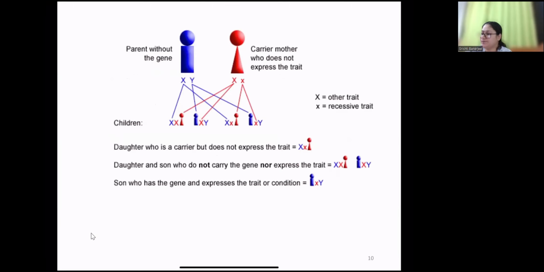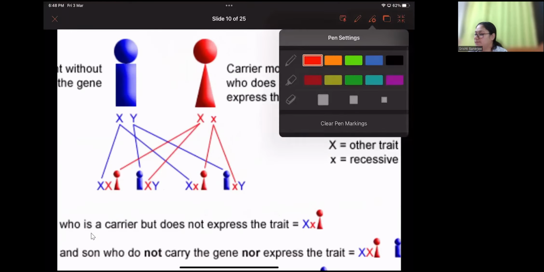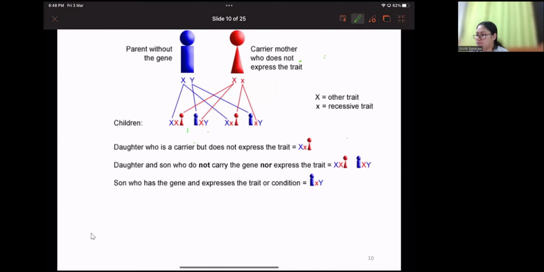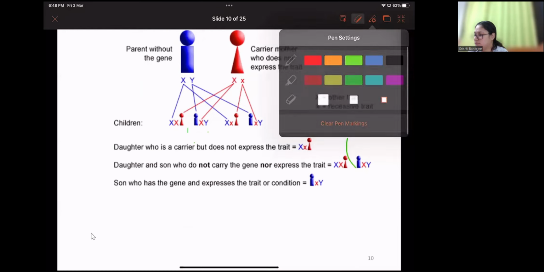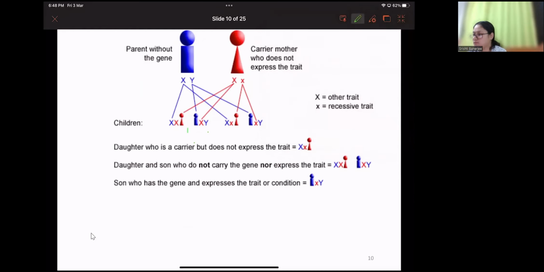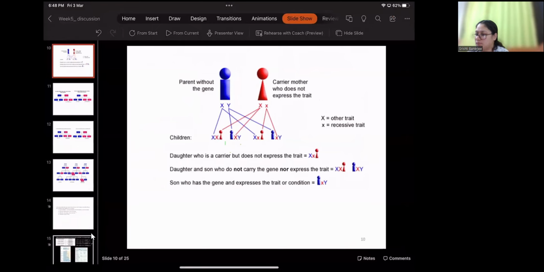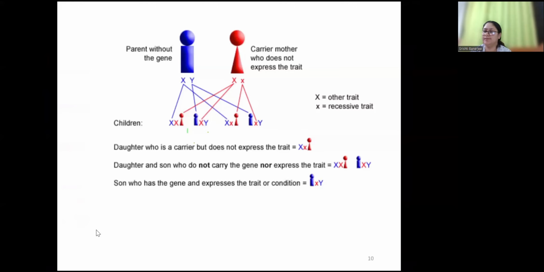Suppose there's a male parent without the recessive gene, X and Y, and a carrier mother who does not express the trait.